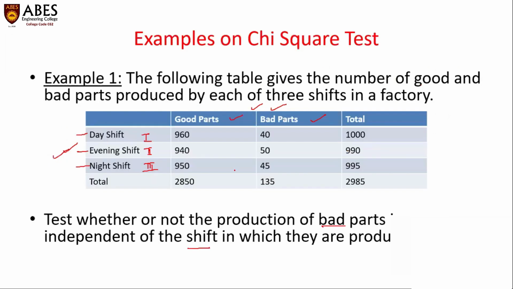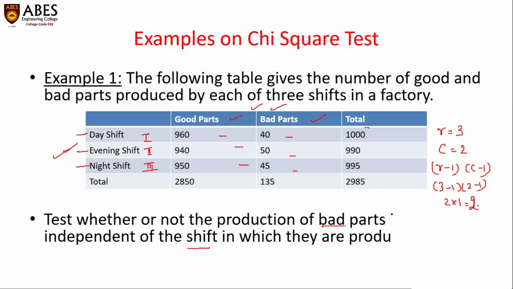Now look carefully. The data is given as 3 rows and 2 columns. Remember that this is the column for total, this is the row for total. Okay, so R is equal to 3 and C is equal to 2. And therefore R minus 1 into C minus 1 will be equal to 3 minus 1 into 2 minus 1, that is 2 into 1 equals 2.